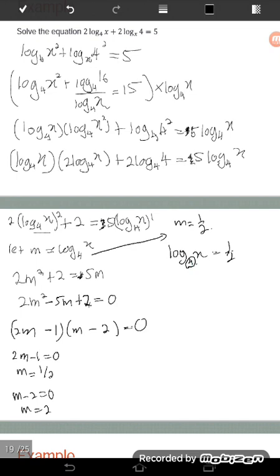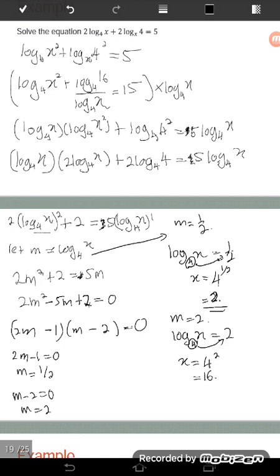So bring this 4 to the right, so you will have x equal to 4 power of 1 over 2, which is equal to 2. And for m equal to 2, we have log x base 4 equal to 2, and this one also we bring to the right, so you will have x equal to 4 power of 2, which is equal to 16. So therefore the answer is x equal to 2 and x equal to 16.